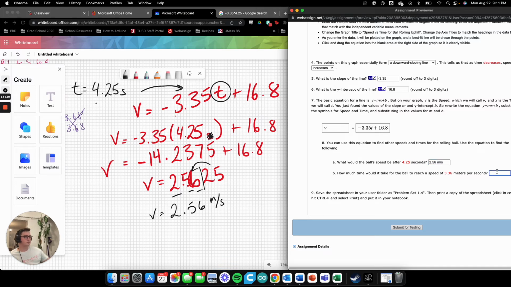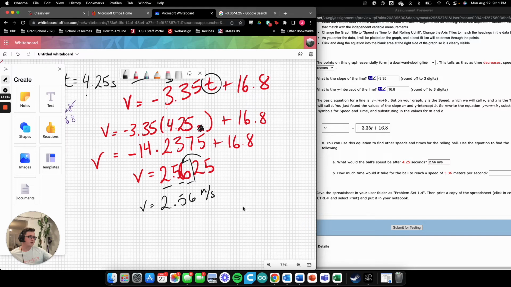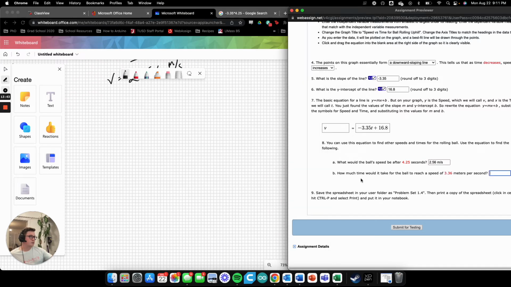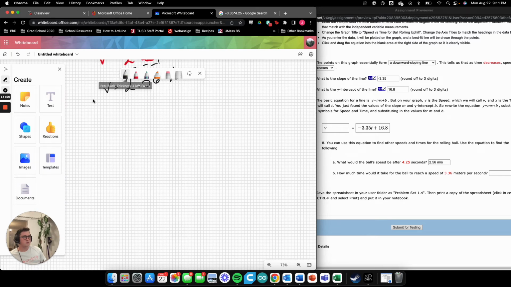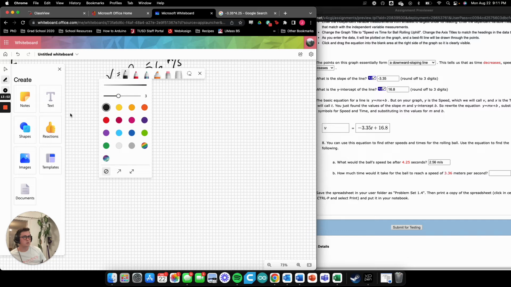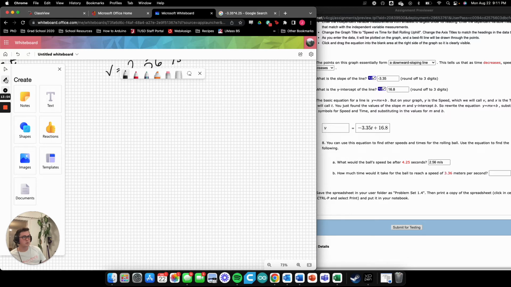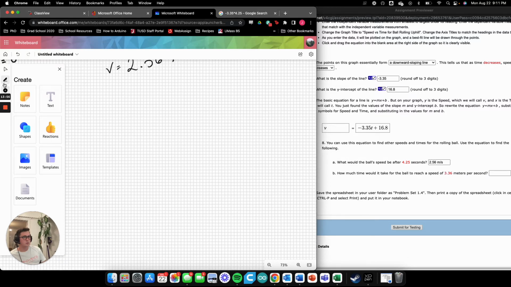So now we're going to do the reverse of that. How much time would it take? So now t is unknown, and we're given a velocity of 3.36 meters per second.